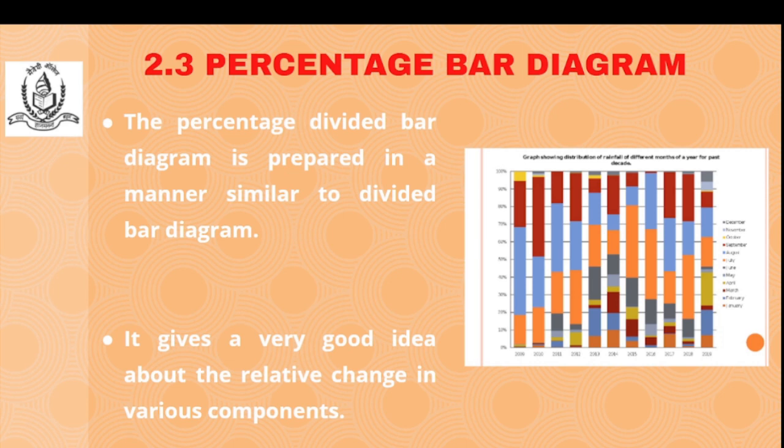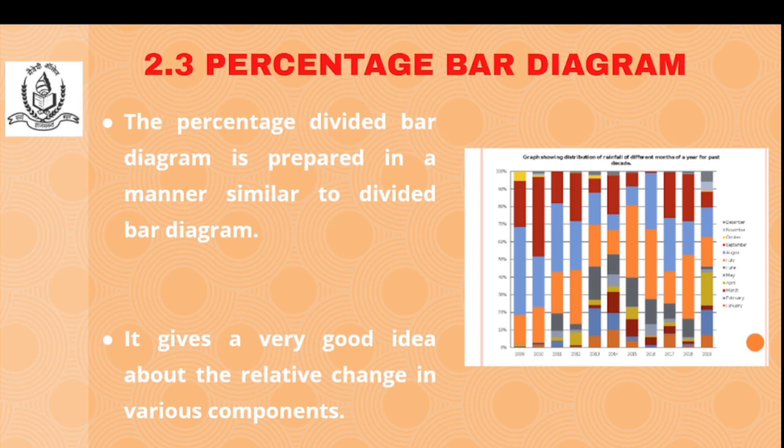Percentage divided bar diagram, I will again summarize for you: here the length of the bars is kept equal to the value of 100, and each bar is divided into different subparts that are representing the percentage values of the different components of each variable.